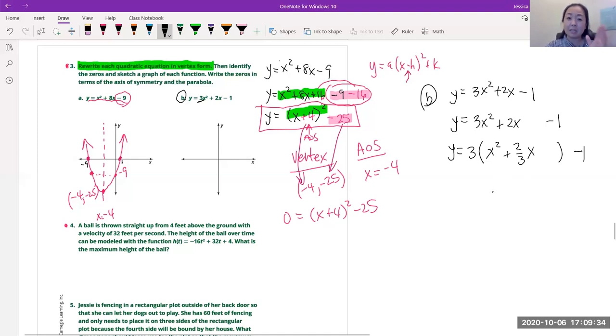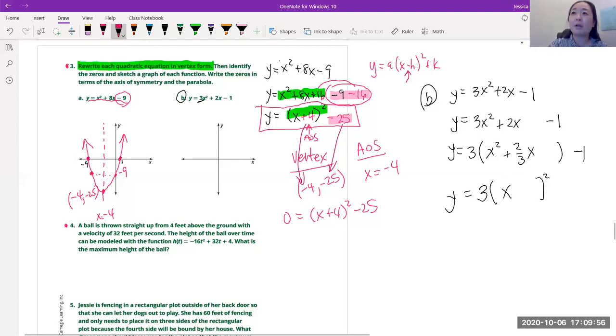And now, again, we're going to set up the perfect square. So here we go. x, and this is squared. And don't forget that 3 on the outside because that's just part of the equation. So now, what do we do first? Half of b. What in the world is half of 2/3? We've got 2/3, take that in half, a third here and a third here.